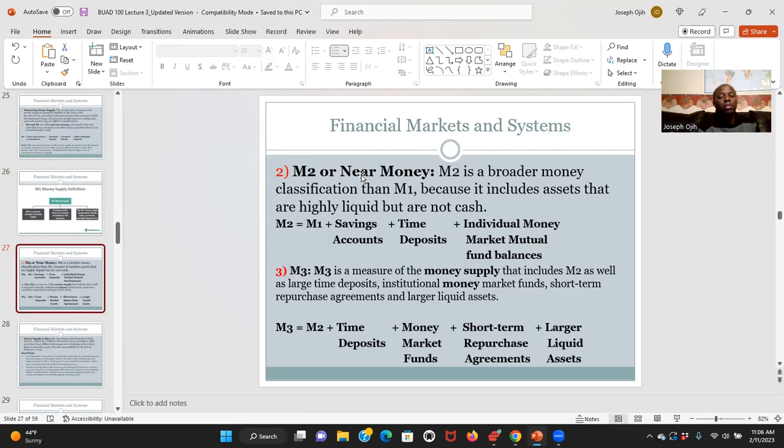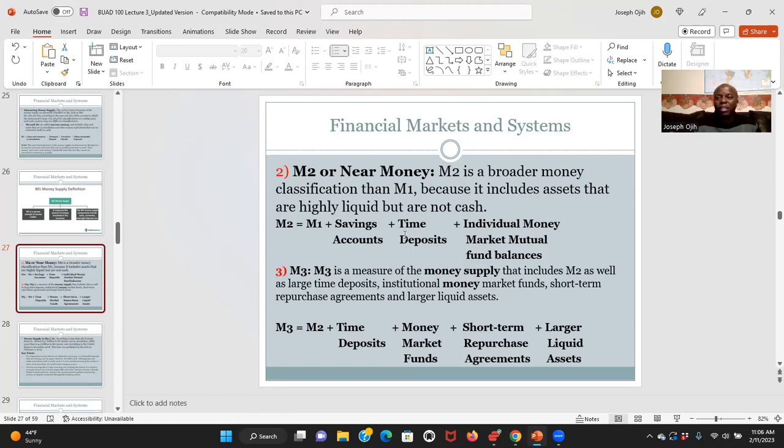It is a broader classification of the money supply because it includes M1, plus savings accounts, plus time deposit accounts. With a time deposit account, you don't have access to it until the time you stipulated for withdrawal expires.